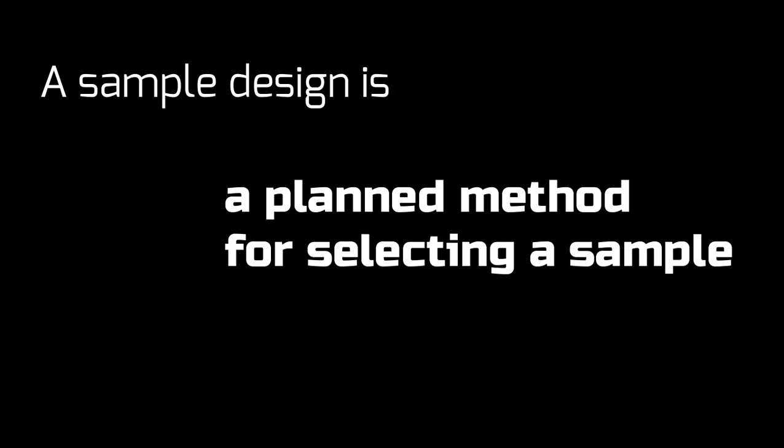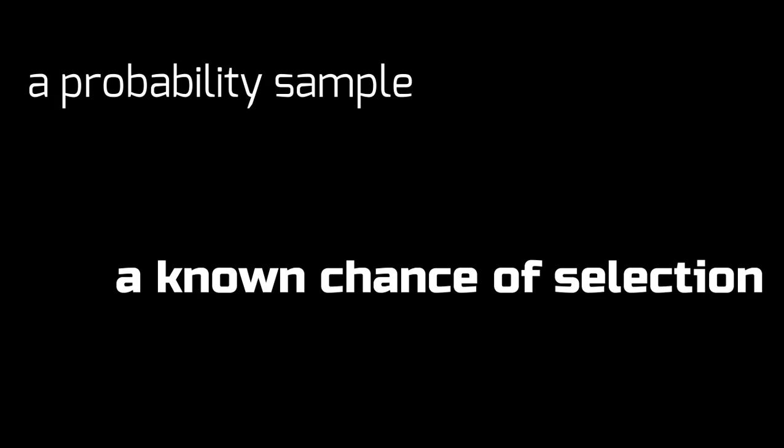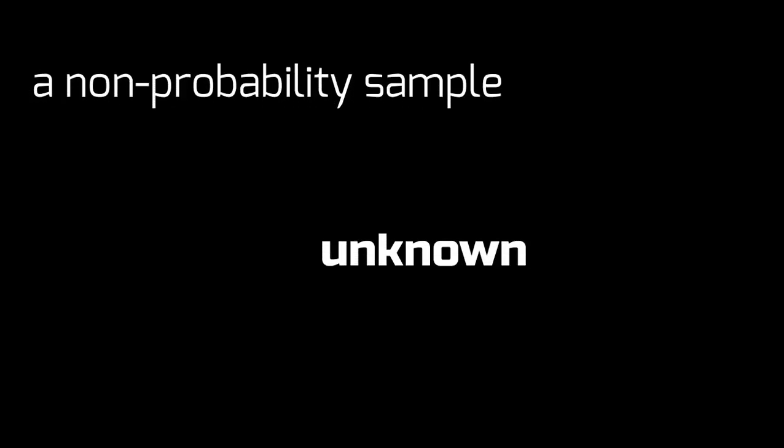Okay, a sample design is a planned method for selecting a sample, which can be either a probability sample or a non-probability sample. A probability sample is where each element has a known chance of selection, and a non-probability sample is where this probability is unknown.